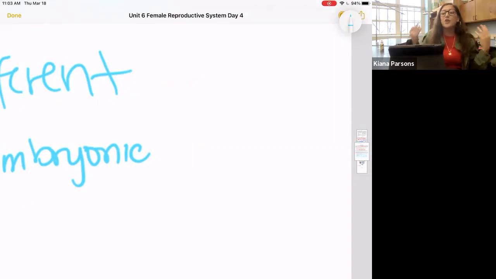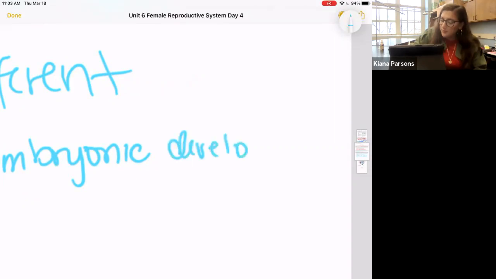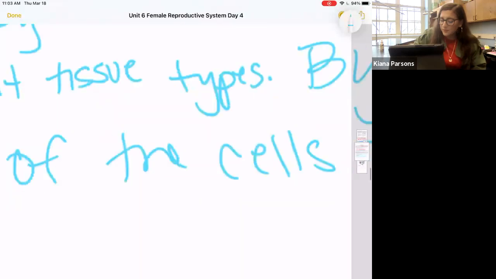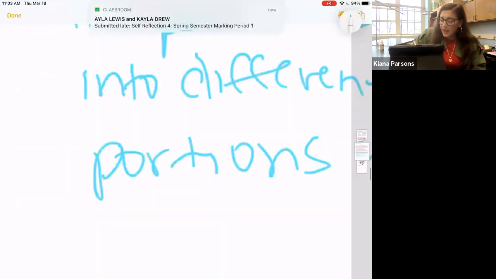Those different structures are formed by this process of differentiation. And continues until just before birth.